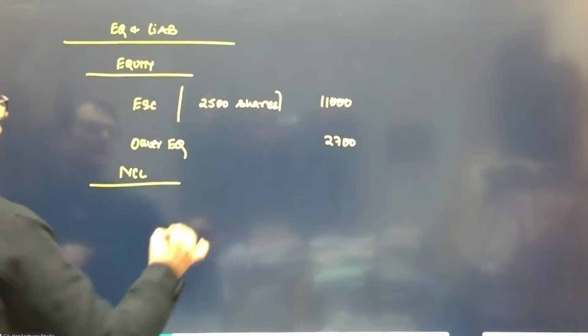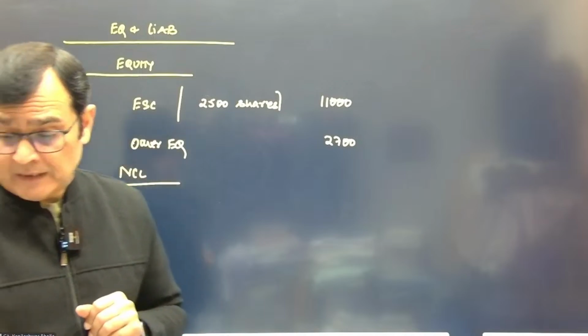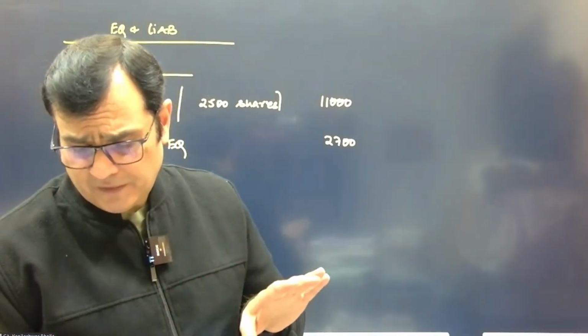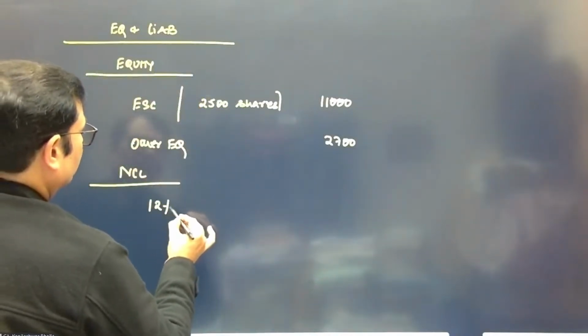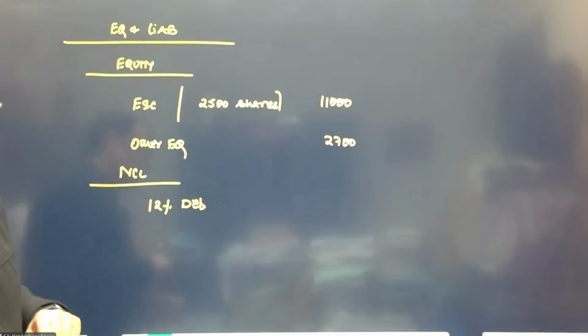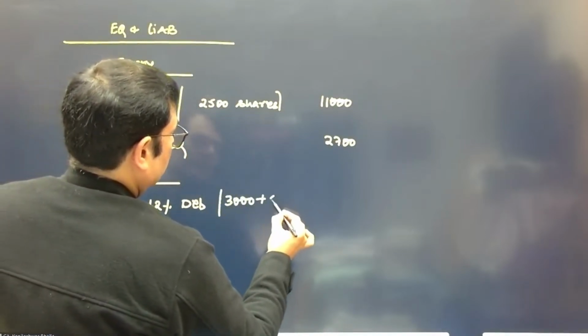In terms of the non-current liabilities, we are given the 12% debenture. He's already said something about the 12% debentures. New debentures will be given against the old series. So we're assuming that new debentures are given, and that is to the extent of 3 plus 4. That makes it 7,000.